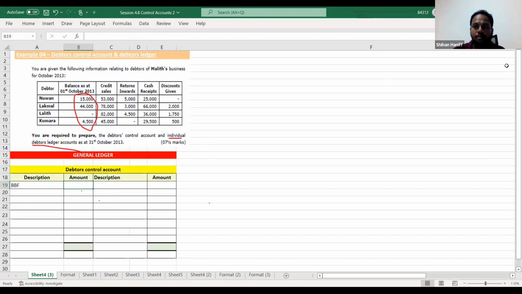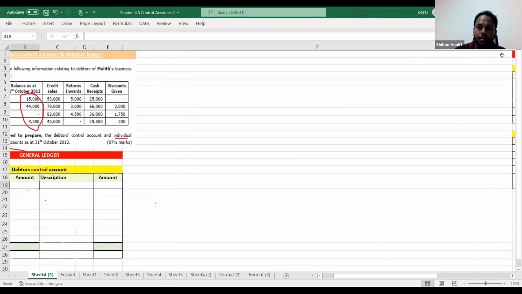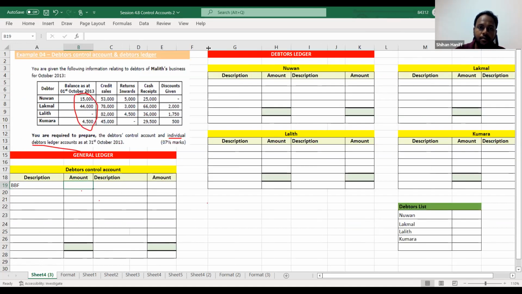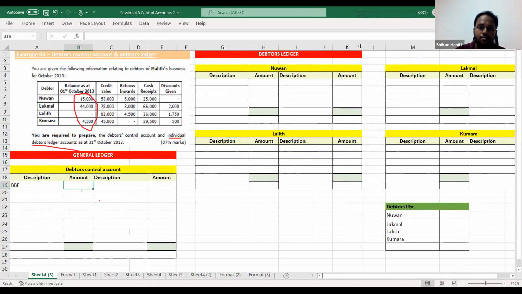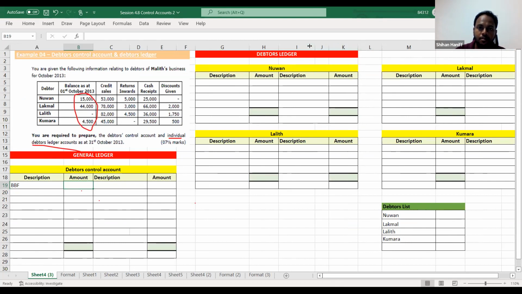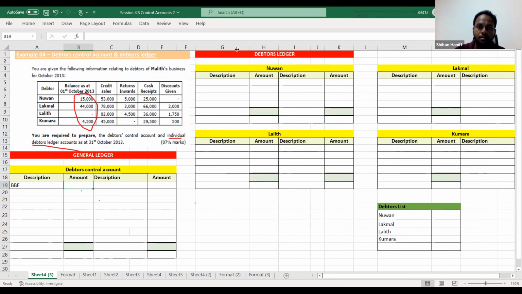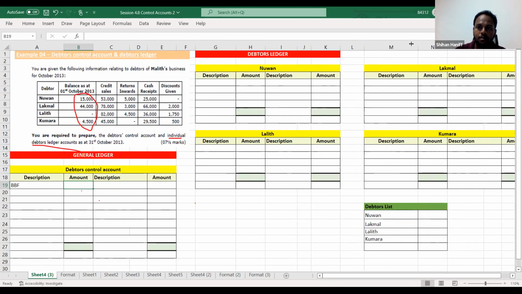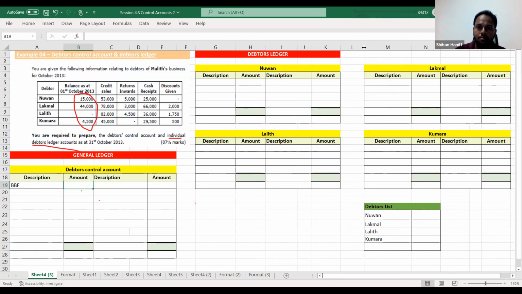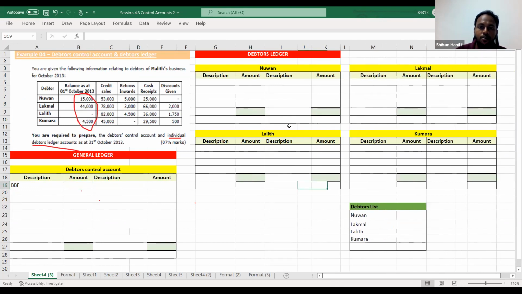Individual account means you have to draw single, one by one, individual accounts for 4 debtors.